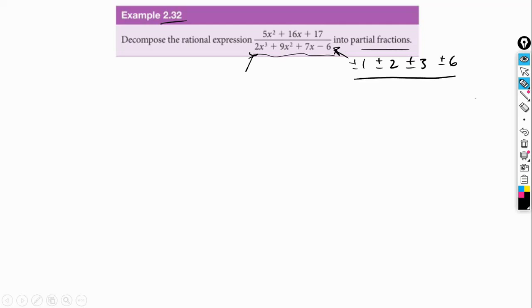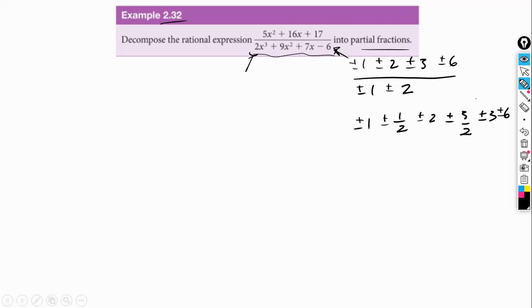And then 2, plus minus 1, and plus minus 2. So then dividing these and getting all the combinations, we would get plus minus 1, plus minus 1/2, plus minus 2, plus minus 3/2, plus minus 3, and plus minus 6. So these are all the possible real factors of this polynomial.